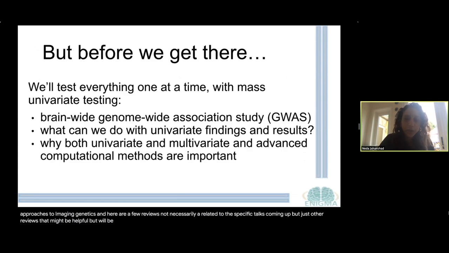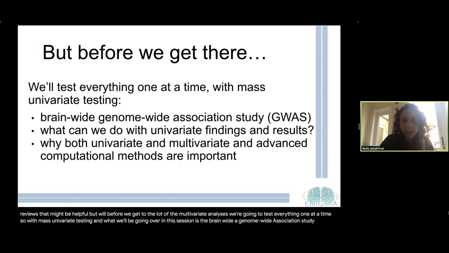But before we get to a lot of the multivariate analyses, we're going to test everything one at a time, with mass univariate testing. And what we'll be going over in this session is a brain-wide, genome-wide association study, what we can do with all these univariate findings and results, and why both these univariate and multivariate methods are important.